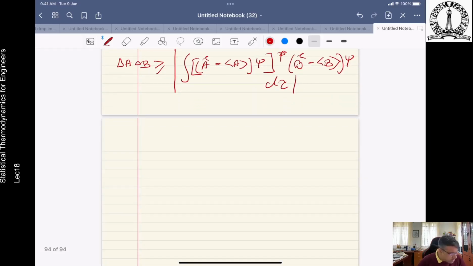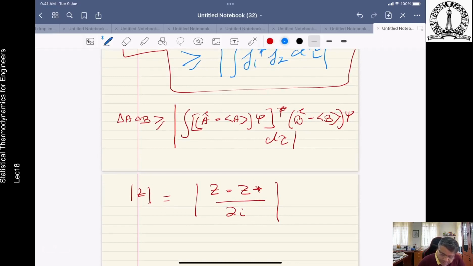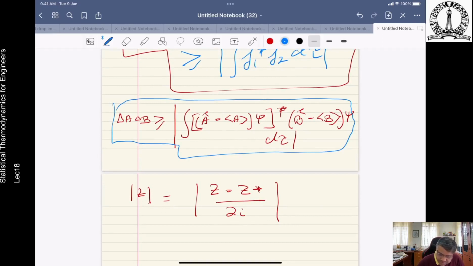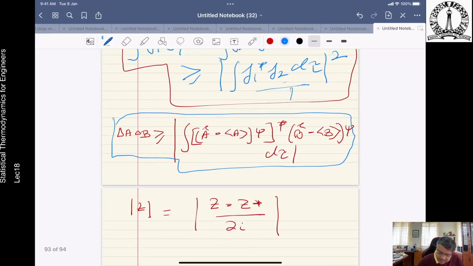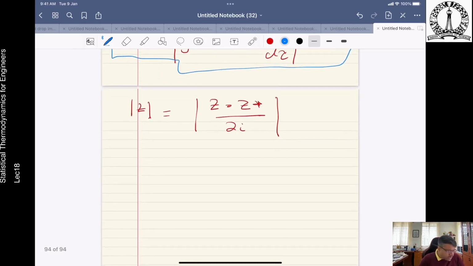Okay, so all we can say is delta Z equal to delta Z. This is also true. So we have used this Schwartz inequality to get to this particular form, and this is just a definition of Z, the modulus of Z, which is the quantity within the bracket. We will show in a little bit what it is.